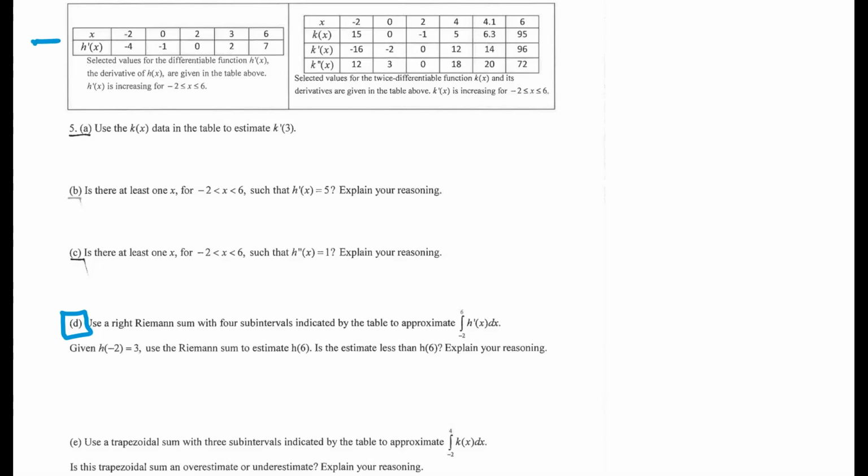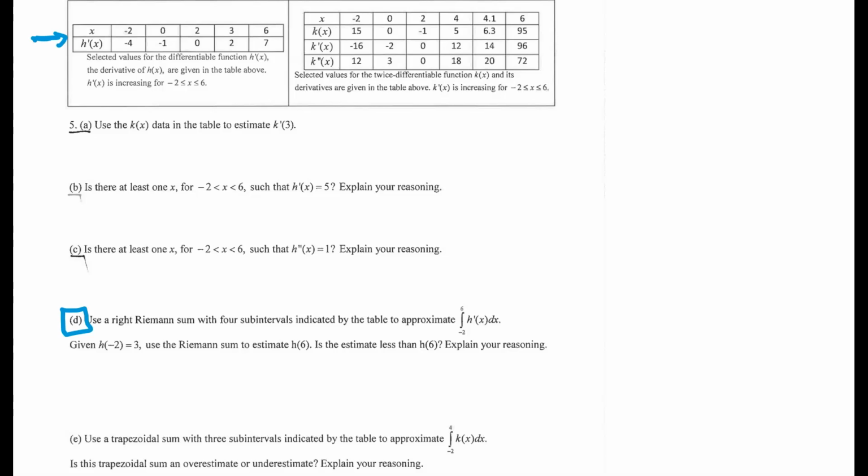We got a beautiful little chart here with h prime of x. We're going from negative 2 to 6, so negative 2 to 0, 0 to 2. Those are 2, so I'm thinking that my widths are all the same, and then I keep going, good for me, and see that the next one is 1, and the last one is 3. So we have to do these separately, okay?